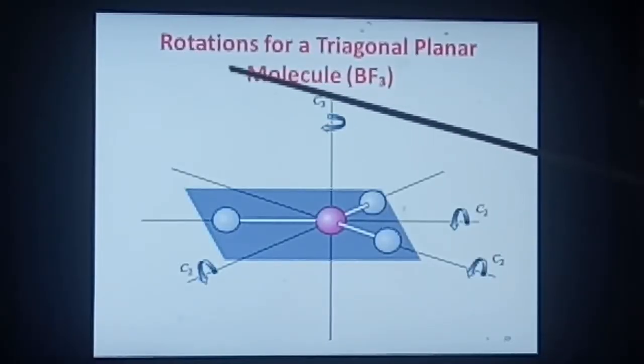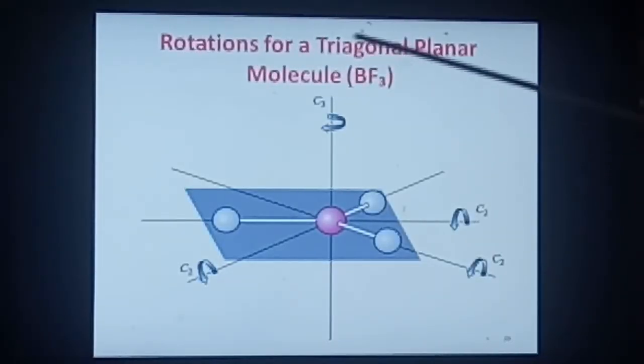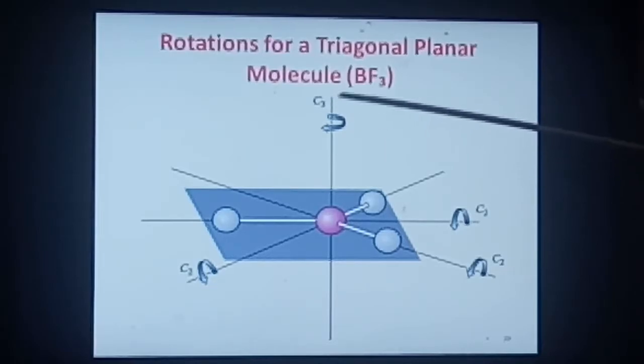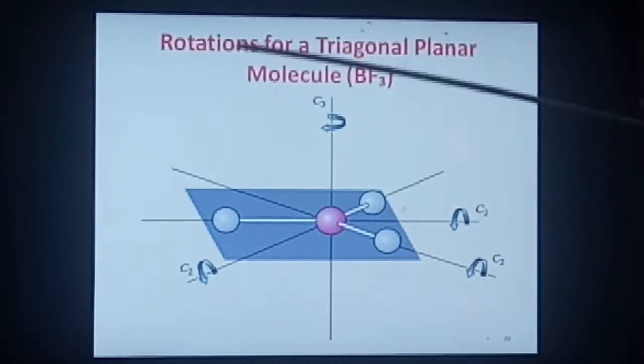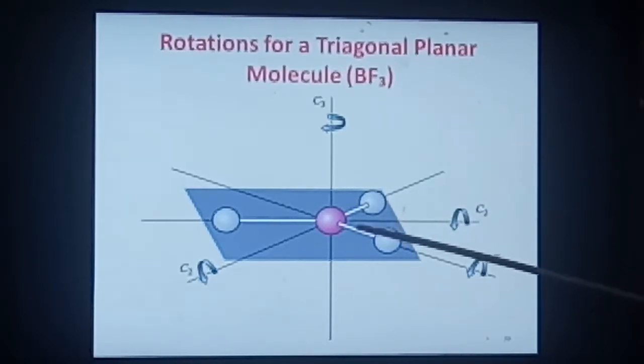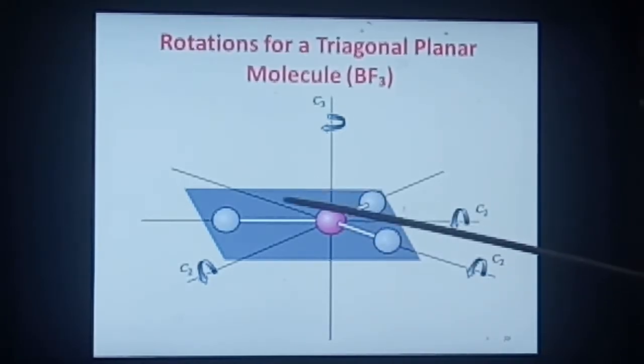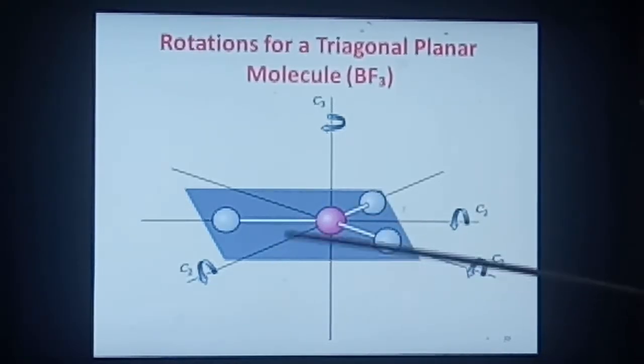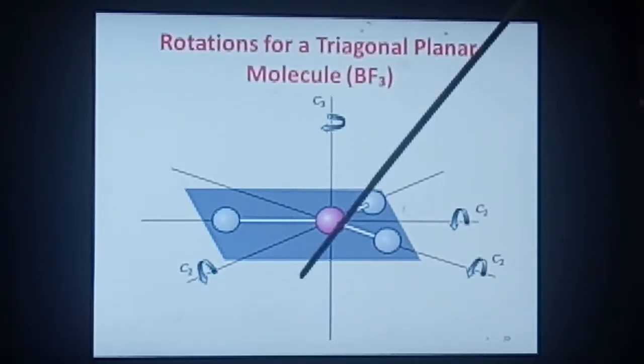Now we will discuss rotations for the triangular planar BF3 molecule. We will again discuss the BF3 molecule. This is the BF3 molecule, this is boron and these are the three fluorine atoms. Now there are two types of axis of rotation. First we discussed this: the C3 axis of rotation.